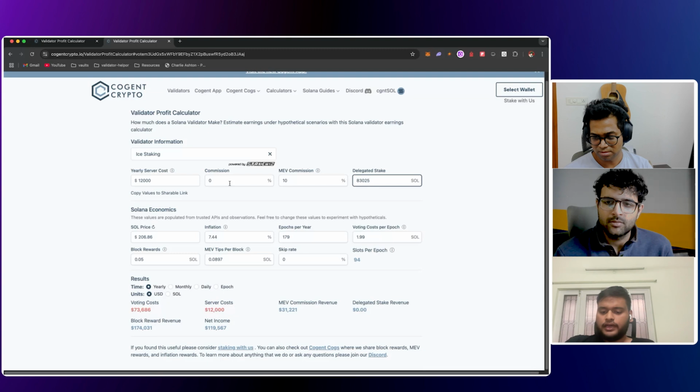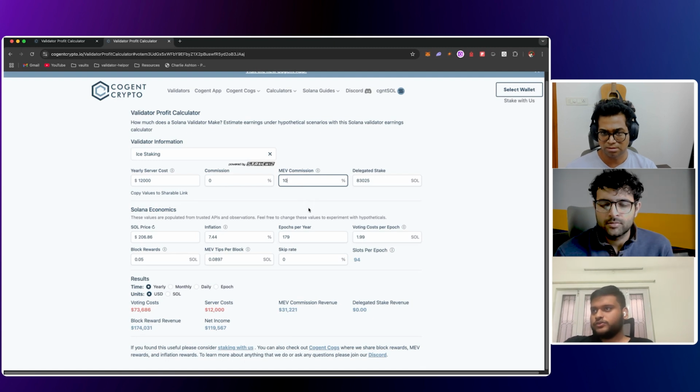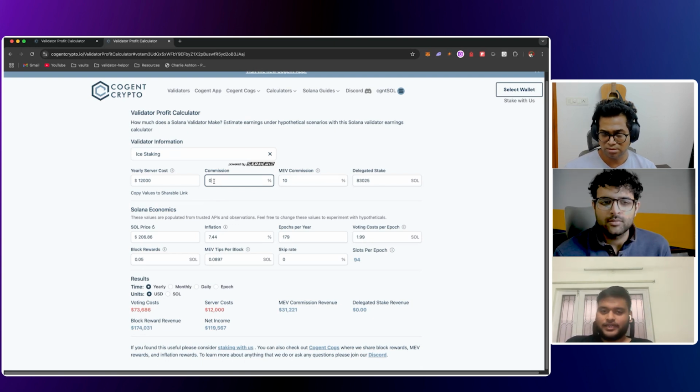And third is the MEV. Since I'm running the Jito client, I have a 10% commission. Let's say my node produces 10 SOL in an epoch, then I get 0.1 of that. That is the commission. For voting I have zero, because validators are super competitive, so you have to keep it at zero or not take any commission there.